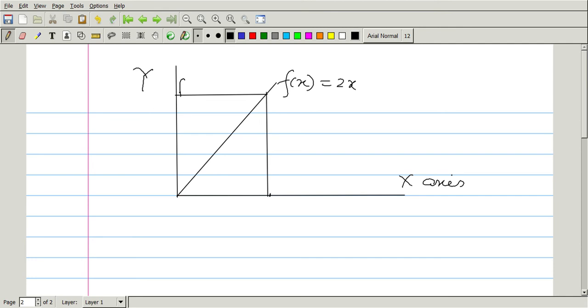F of x is equal to 4, not x is equal to 4, sorry. F of x will be 4. Now the area below this particular f of x, you may not need that, but let's just consider it.